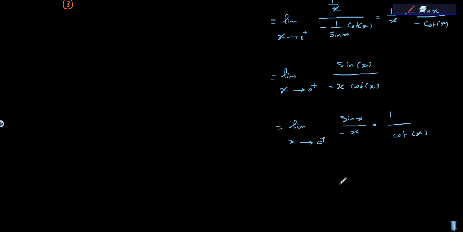To get it here, this is equal to the limit as x approaches 0 from the right of sine x over x, times the limit of minus 1 over cot x, which is tan x, as x approaches 0 from the right.